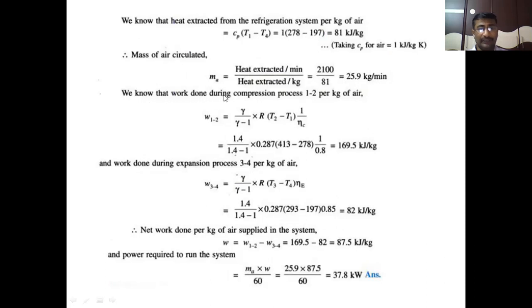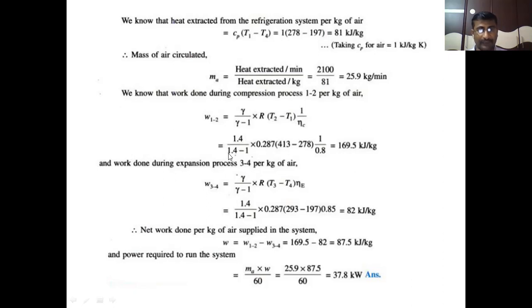We know the work done during the compression process 1-2 per kg of air, W12. Actually, we should take the actual process, not the ideal process. For the ideal process, the formula is gamma by gamma minus 1 into R into (T2 minus T1), or m Cp (T2 minus T1), divided by compressor efficiency to get the actual compressor work.